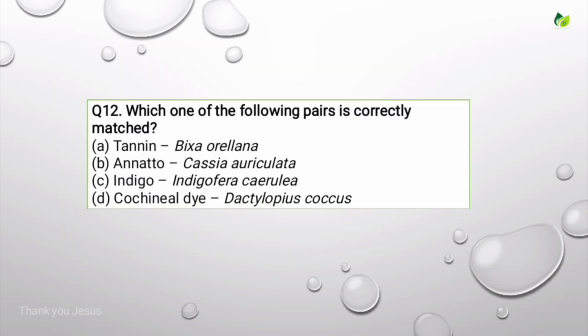Which one of the following pairs is correctly matched? Options are tannin, Bixa orellana, Acacia auriculata, Indigo, Indigofera caerulea, cochineal dye, Dactylopius coccus. You have to pick the correctly matched pair.